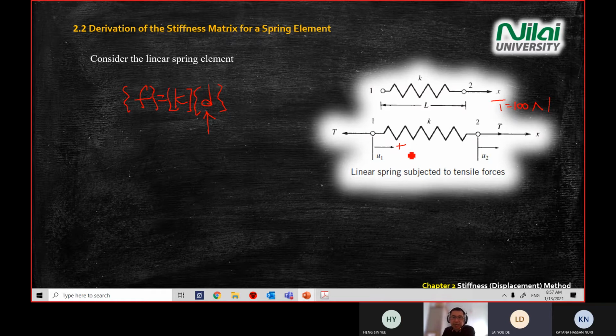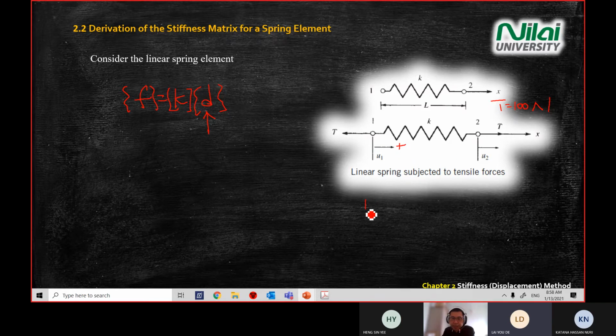So in your calculation later, you will see U1 will be negative, T1 will be negative, although the diagram is drawn like that. Before we go into further analysis, we assume the direction of the point. If the direction is positive, you draw like that and you get a positive answer.